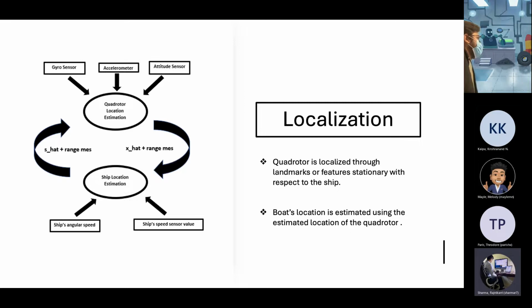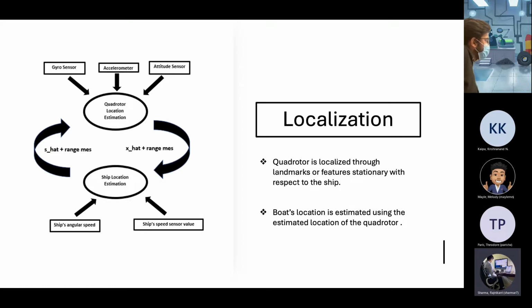The quadrotor localizes itself with sensor values from the gyro, accelerometer, and the attitude sensor, and the range measurements from the landmarks that are placed on the ship. Simultaneously, the ship is localizing itself from sensor values.